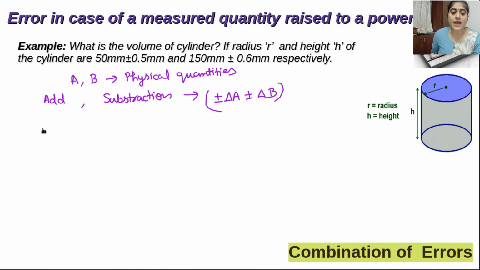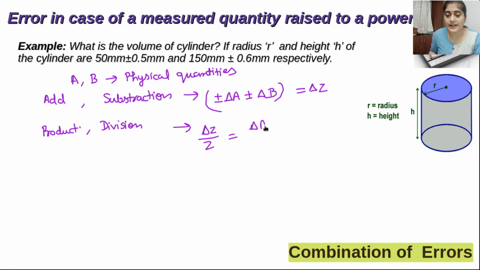But if you have multiplication or division, then the relative error, delta Z by Z, equals delta A by A plus delta B by B. The relative errors you simply add.